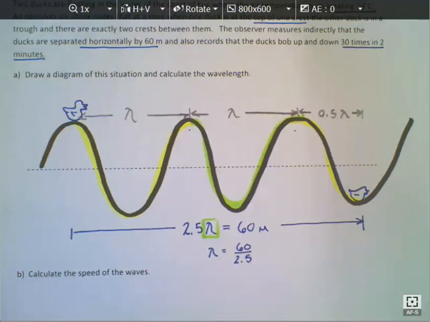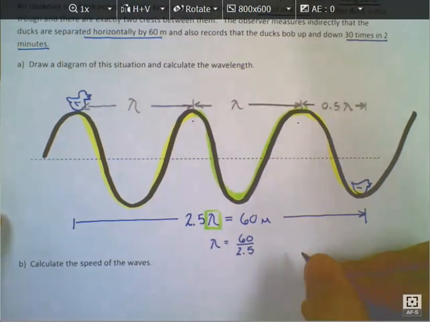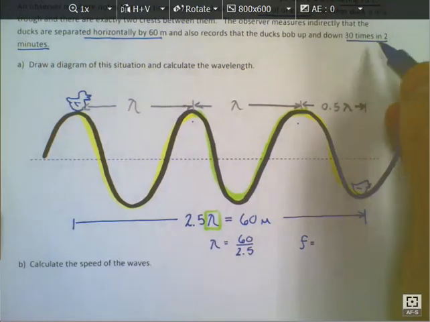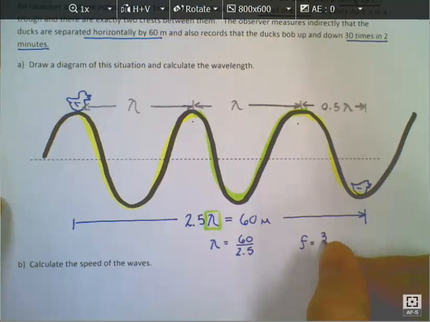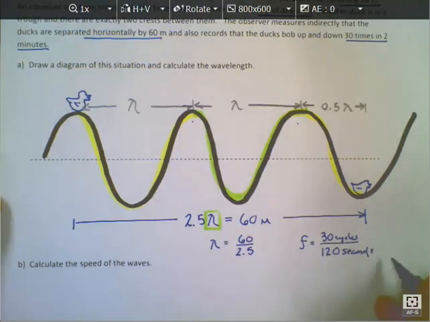The next part is the frequency. It tells us in the question that the ducks bob up and down 30 times in 2 minutes. Well, that's 30 cycles in 120 seconds, so that will give us a measurement in hertz.